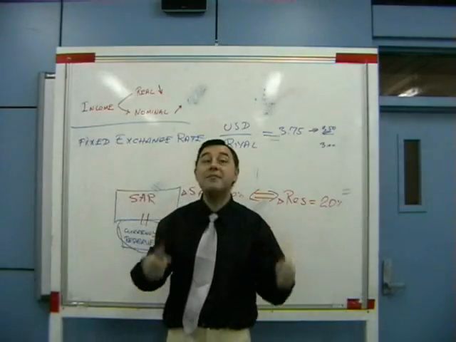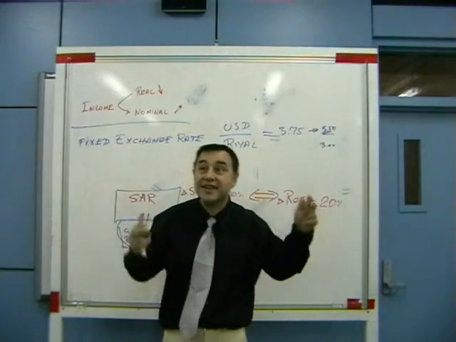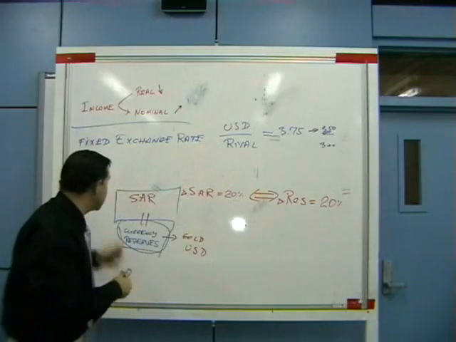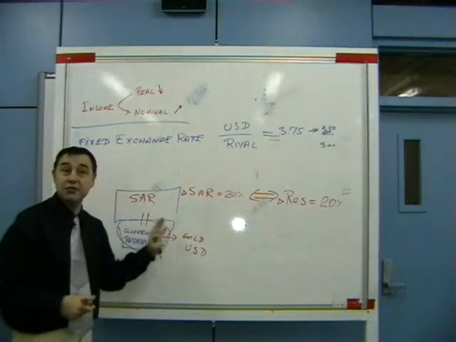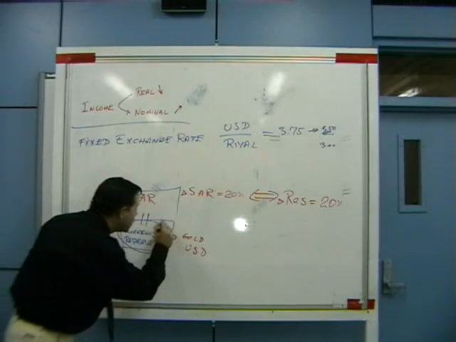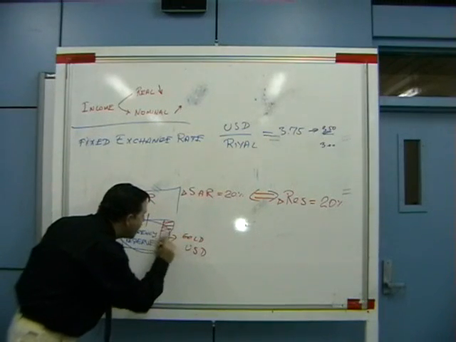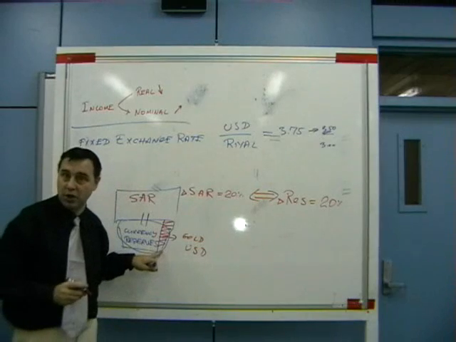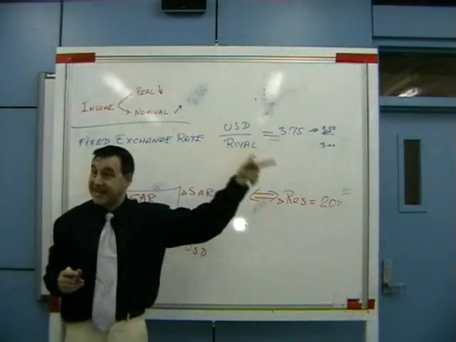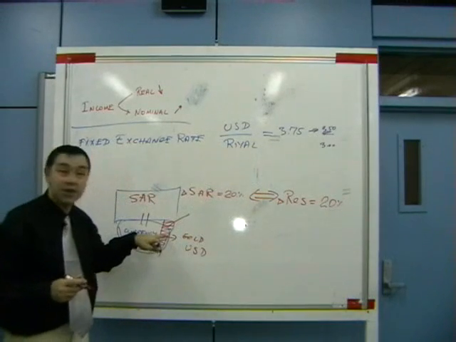Effectively, Saudi Arabia is financing the United States for almost free, all right? In other words, if you have currency reserves and the dollar devalues by 20%, the 20% loss of real purchasing power of the dollar is pure gain to the United States and pure loss to Saudi Arabia.